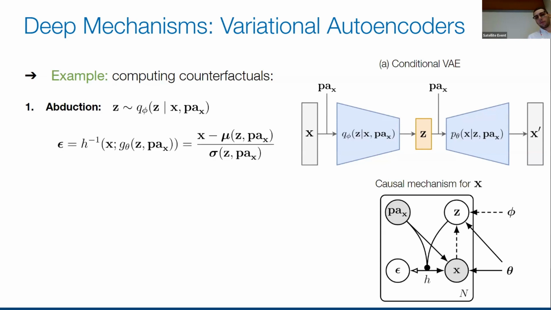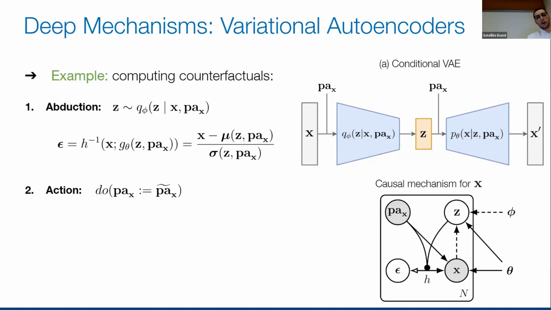The second step, we perform a decoding step and produce some means and variances. So these applied to images would be pixel-wise means and variances. And then we want to invert the sampling mechanism. So we use our observed X and we invert the sampling mechanism to obtain the exogenous noise term epsilon here.